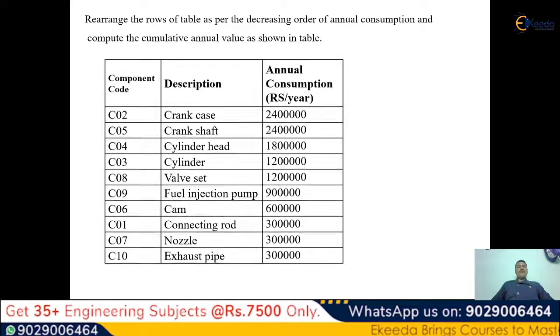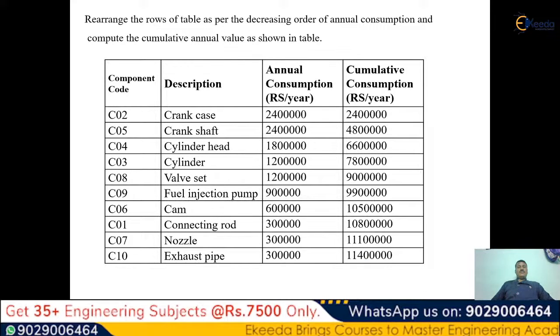Now that I have the annual consumption, based upon it the cumulative consumption is obtained, which is nothing but the addition of all the values. Crankcase highest 24 lakhs plus crankshaft 24 lakhs is 48 lakhs, 48 plus 18 is 66, 66 plus 12 is 78.